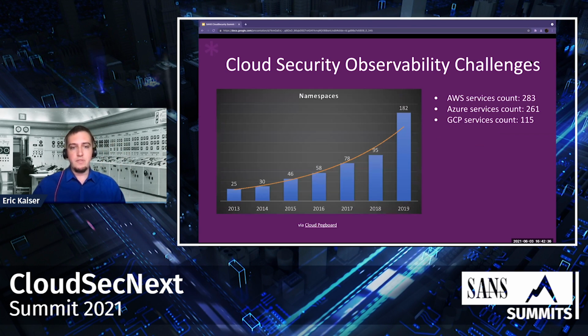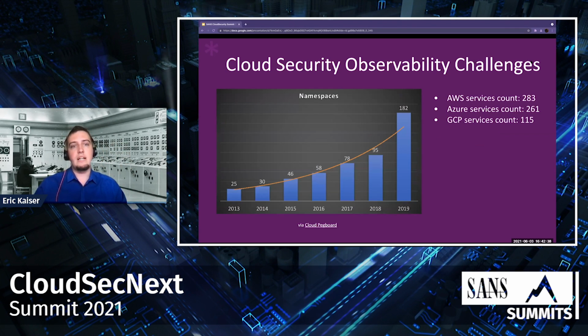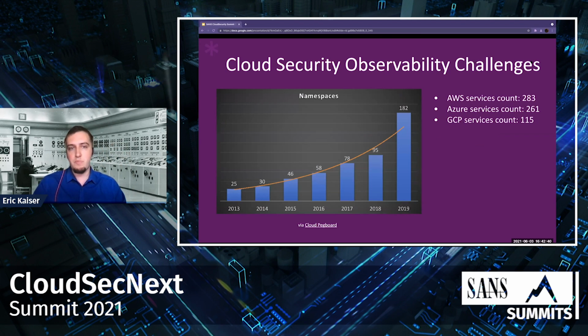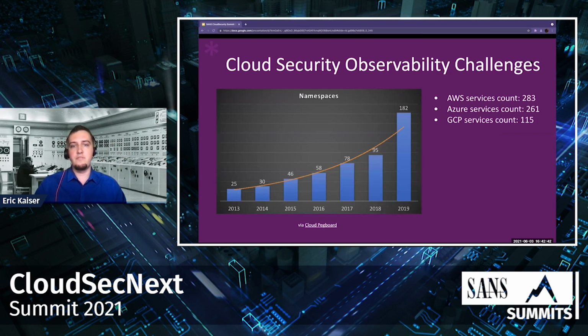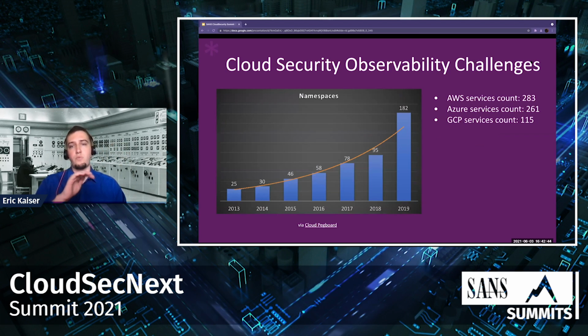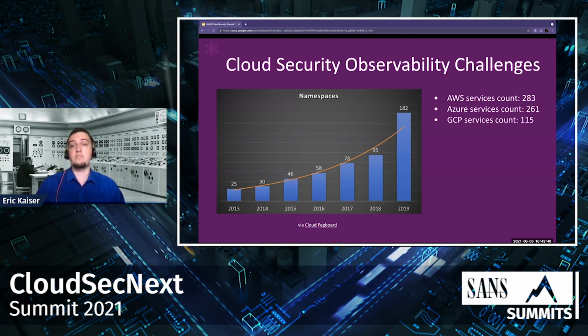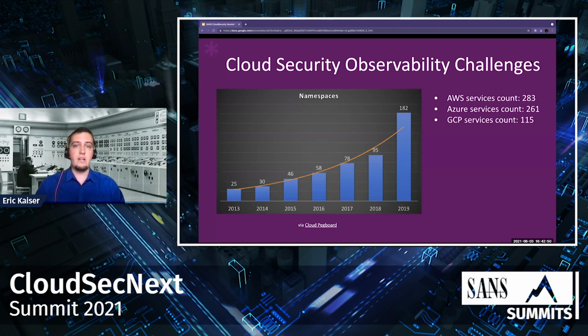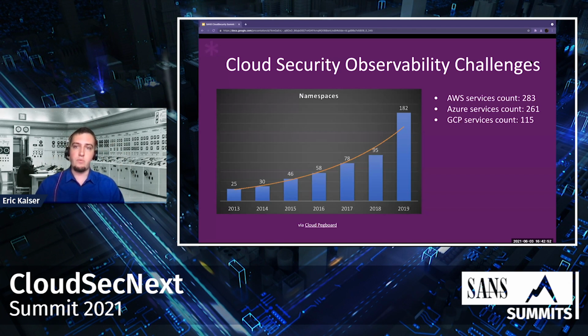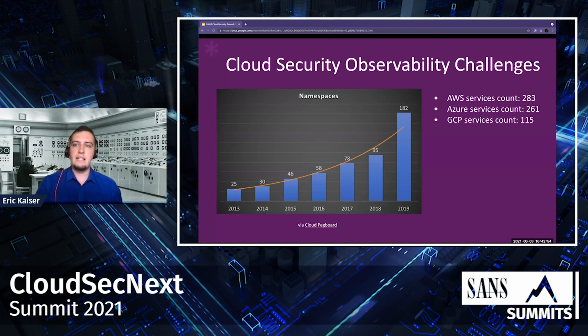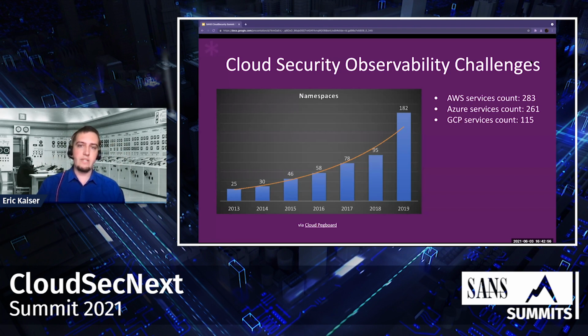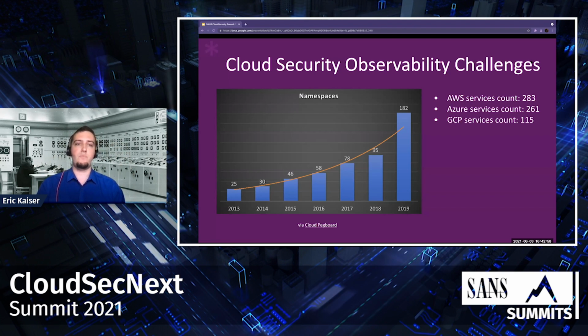So this is from the Cloud Pegboard. They use AWS namespaces as a stand-in for AWS services. The growth in namespaces roughly correlates to the growth in AWS services. At last count, when I pulled the numbers for this slide, which may be a few months old, AWS had 283 separate services. That's no surprise to anybody.